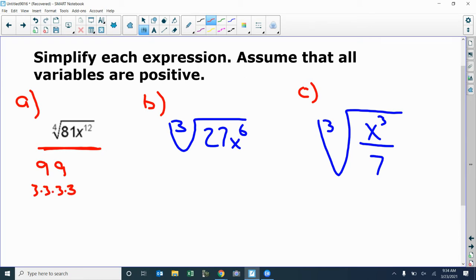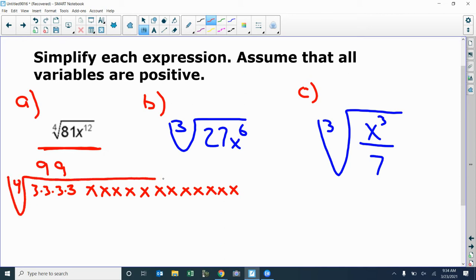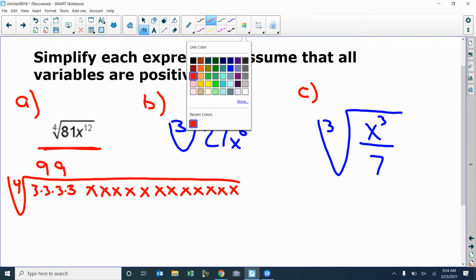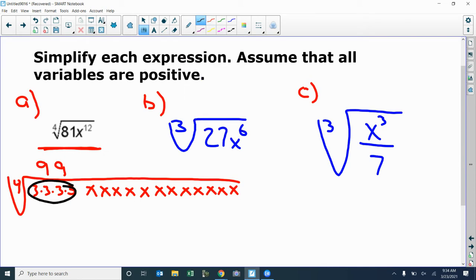I have a lot of x's here. 1, 2, 3, 4, 5, 6, 7, 8, 9, 10, 11, 12. So this is still the 4th root of all that stuff. Now, I wouldn't suggest writing them all out this long. I'm just doing the first one. Now, we need sets of 4. There's a set.